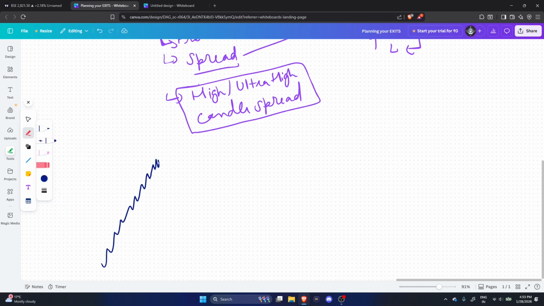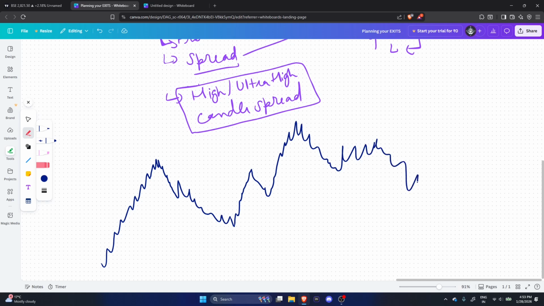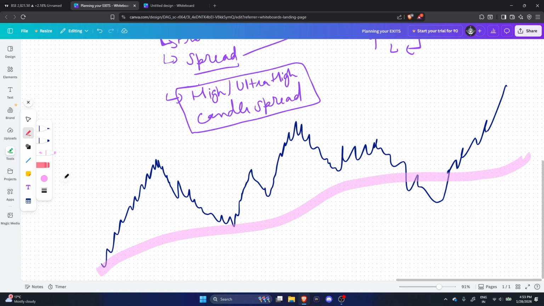All right, so this is your price, and this is the moving average. We are looking to exit our first partial right here, here, and here, the current market.